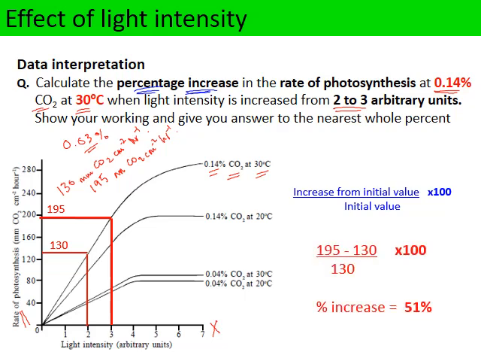So here we've got 195 minus 130 is 65, divided by the starting value, which was 130, times 100, which gives us a 51% increase in the rate of photosynthesis when light intensity is increased from 2 to 3 units.